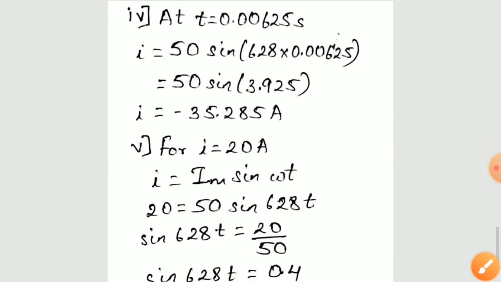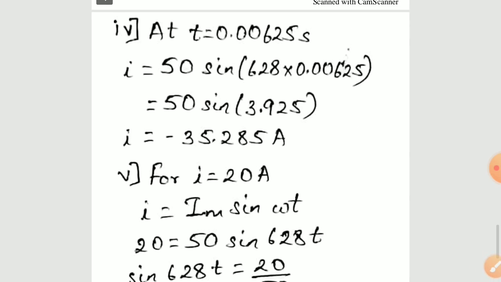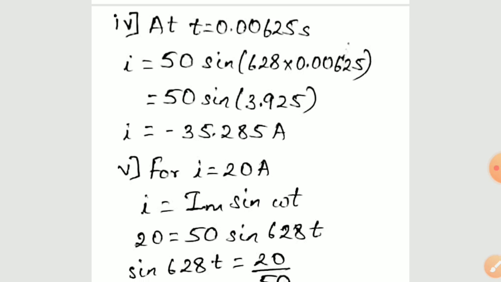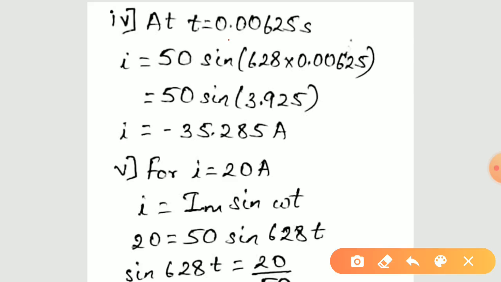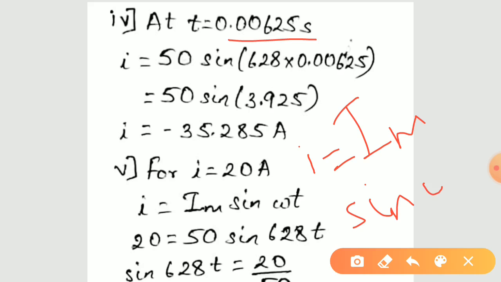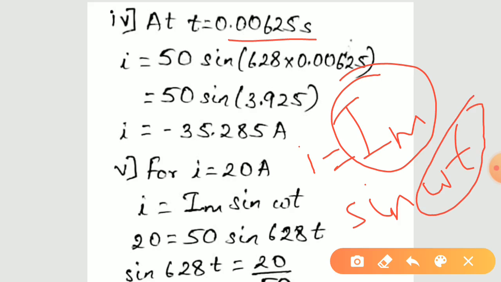Let us go to the fourth question. We need to find value of current after t is equal to 0.00625 second. We know the equation of current as I is equal to Im sine omega t. By substituting value of Im and omega t in the numerical, we get value of current.